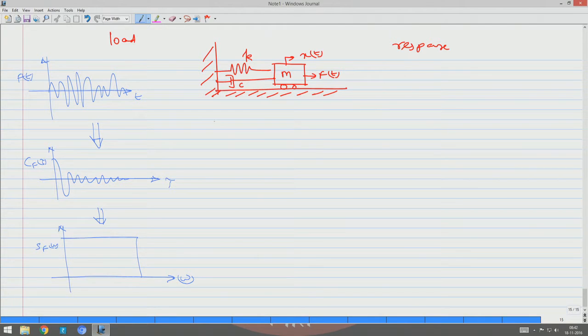The system has an impulse response function which looks like this. It also has the response history which attempts to look like this.